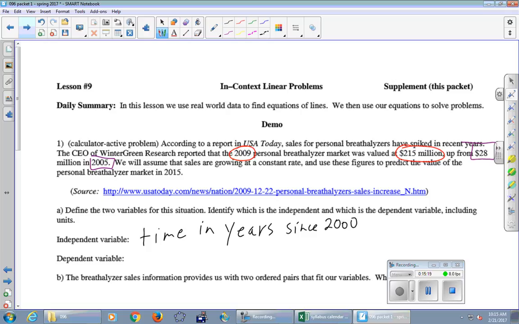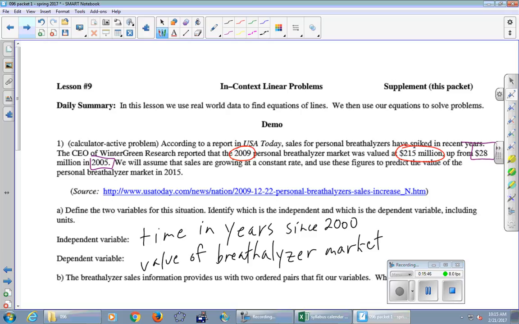Okay, and then the dependent variable, don't just say the personal breathalyzer market, but you have to get the word value in there. So we'll say value of the breathalyzer market. And you could just stop there, but we're going to make our life a little bit easier.